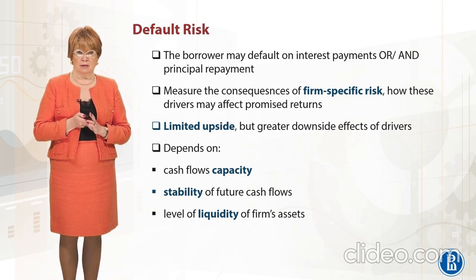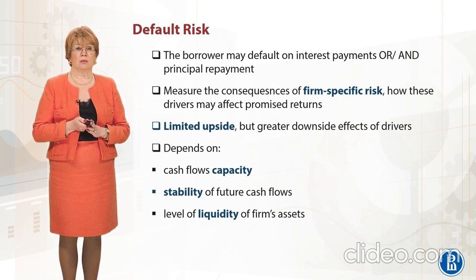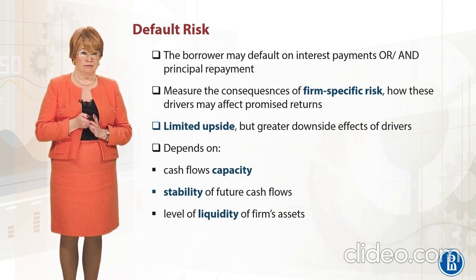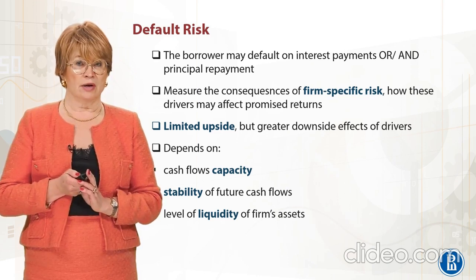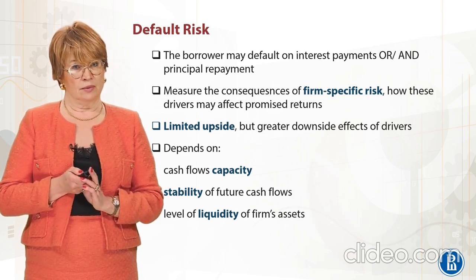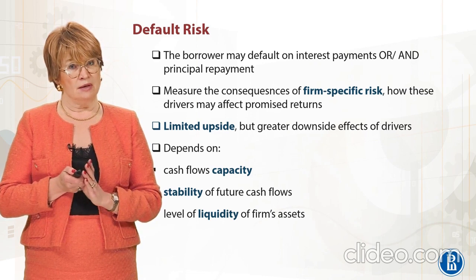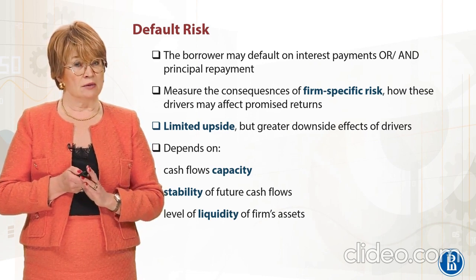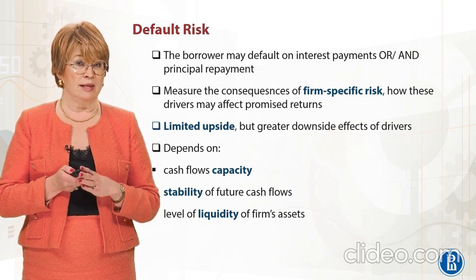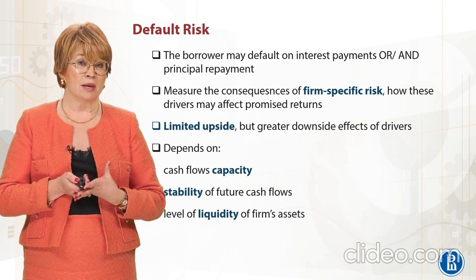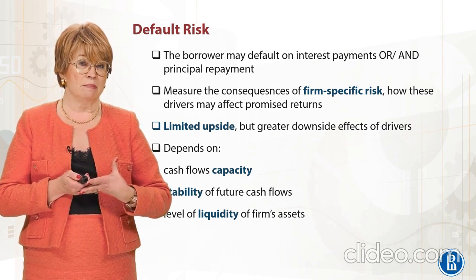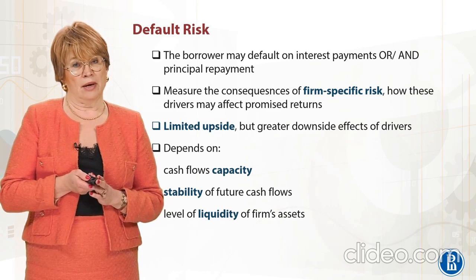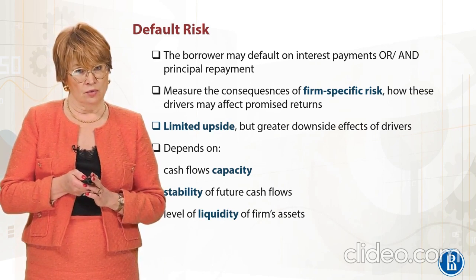But there are very big, or even greater, downside effects of all these drivers. So, in other words, if everything is okay, the debt holder will have a limited upside. He or she will not get back an amount higher than the nominal value of the debt.